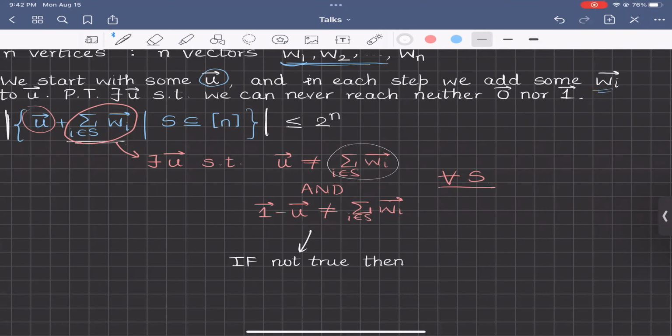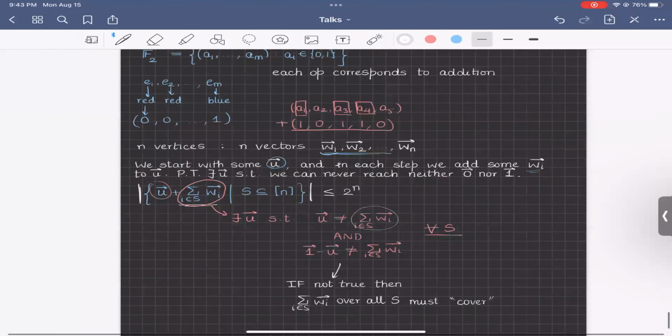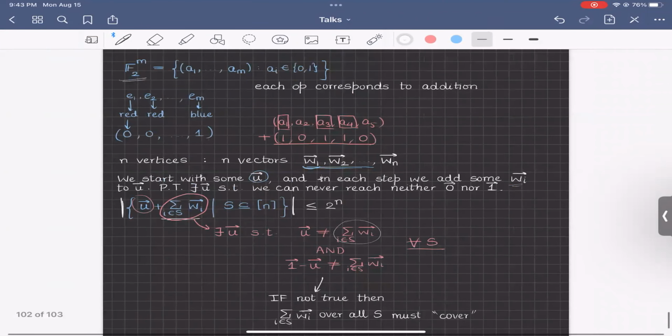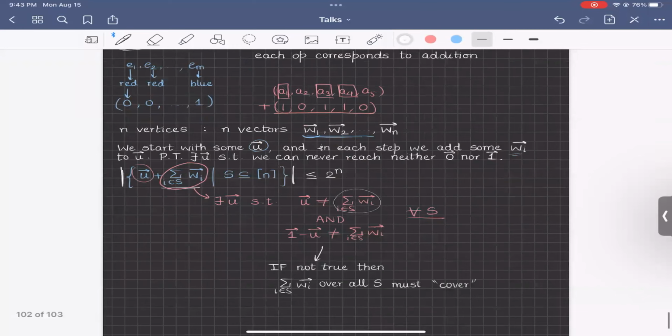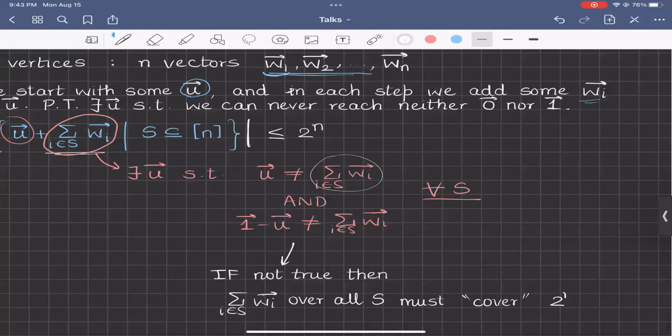And so the summation over i belonging to S of W_i, over all S, must cover at least half the total number of elements in this set. Because if this is not true, then for each vector and its complement, one of them must be representable as the summation of W_i. So it must cover at least these many elements.